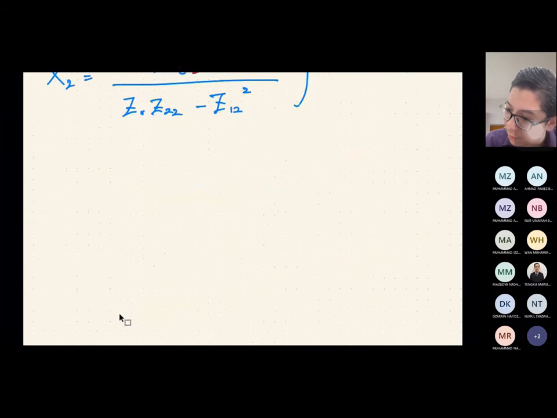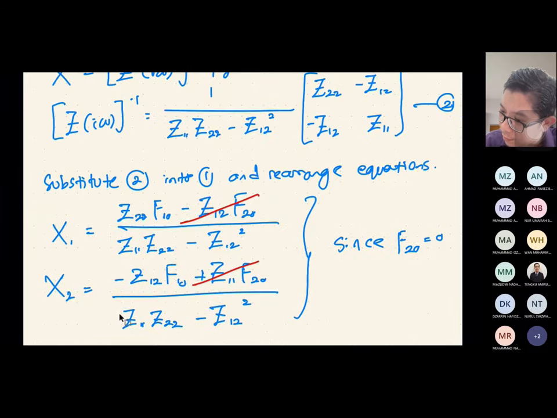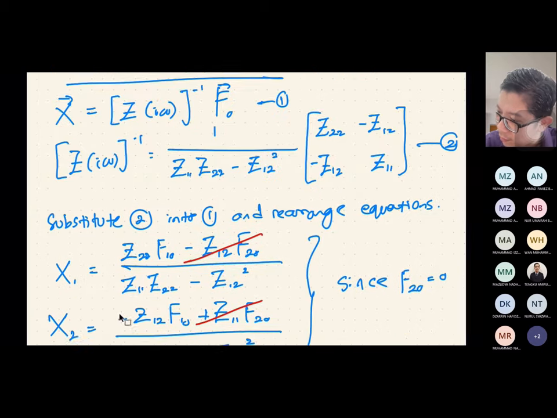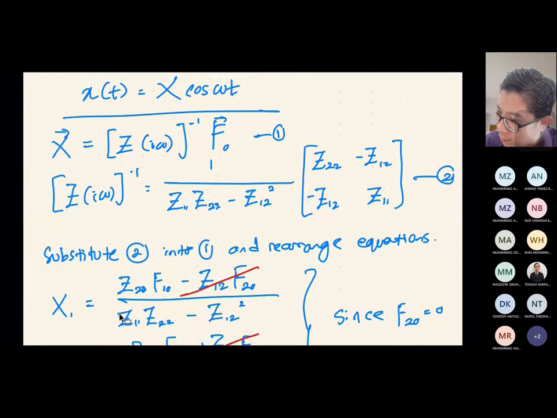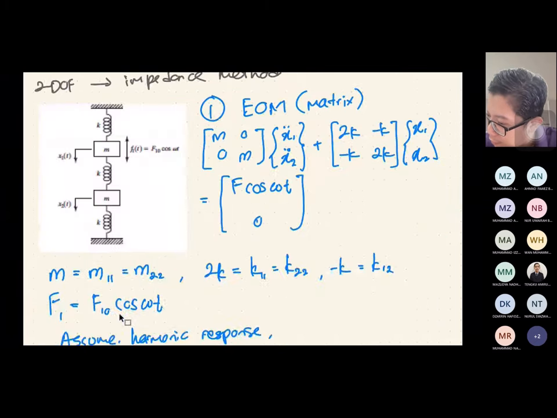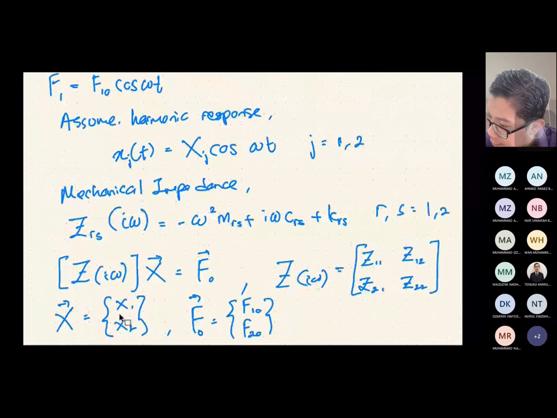So if we substitute, let me do it this way. Kita buat ini equation 2, equation 3, and then equation 2, equation 3. Okay. Ini kita letak equation 1. This one is equation 1.